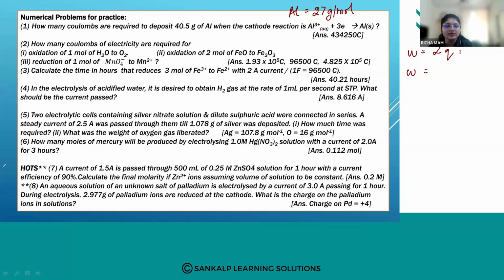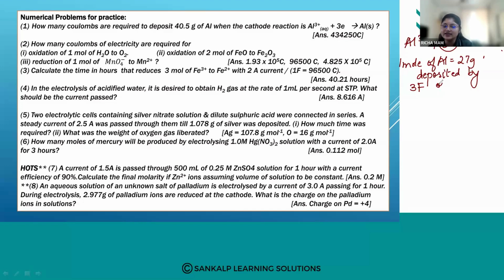Wait, I'll write it stepwise. Al plus 3 electrons will give you Al, right? So 3 electrons are used. 1 mole of Al is nothing but 27 grams. So 27 grams of Al is deposited by how many electrons? 3F, Faradays of electricity. When you pass this much electricity, 27 grams of Al is deposited.